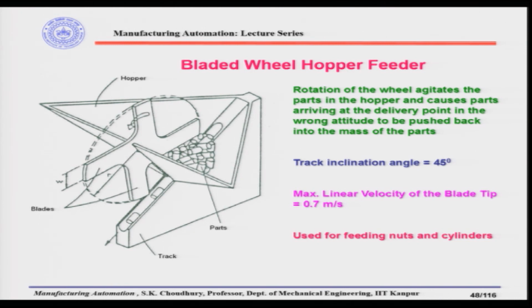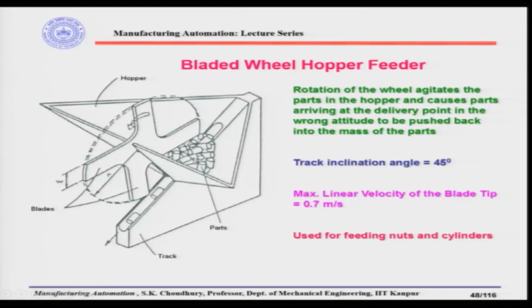So, a part which is not in the right attitude will not be nested properly on the slot, and therefore, while this blade rotates, it will take it off the track, because it will be protruding out, not sitting, not nested in the track. That is the reason why wrongly oriented parts will not come through the slots of the track.